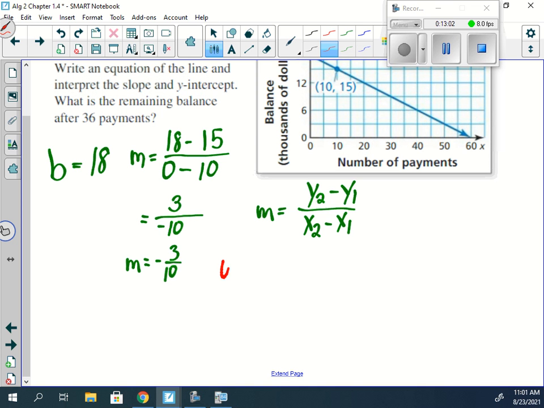So our equation, y equals mx plus b, our m is negative 3/10 x plus 18. Equation of the line is done. Now the next thing we need to do is interpret the slope.